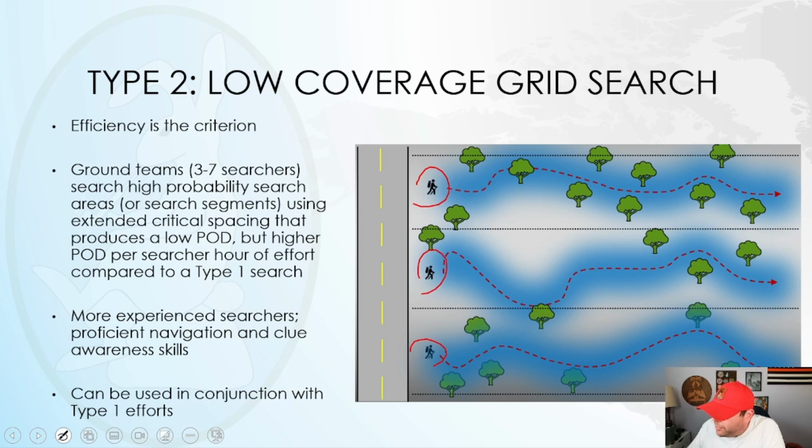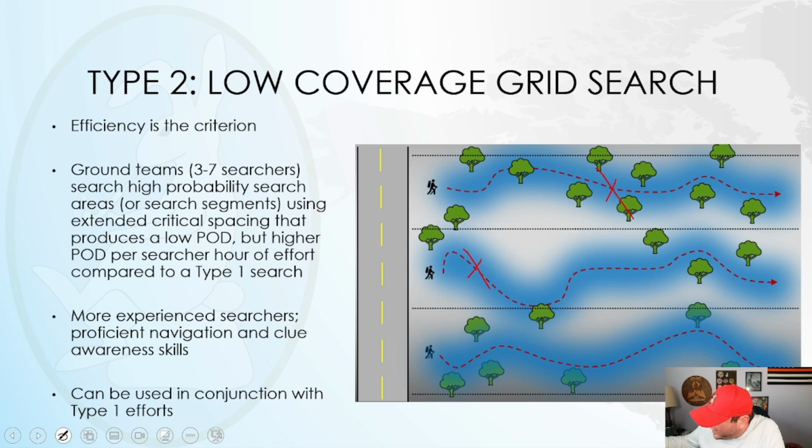Your teams are typically going to consist of your more experienced searchers. These should be your higher trained, more experienced, with good navigation skills, very good clue awareness, and again, a lot of self-sufficiency. But there's a lot of discipline needed to maintain that line, because we don't want this particular searcher to be way out here and we're still back here searching.